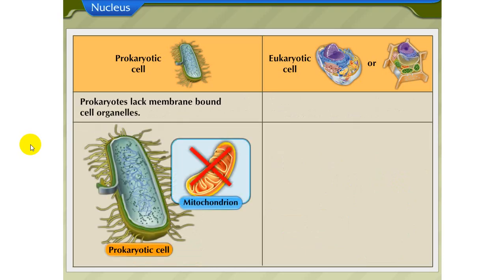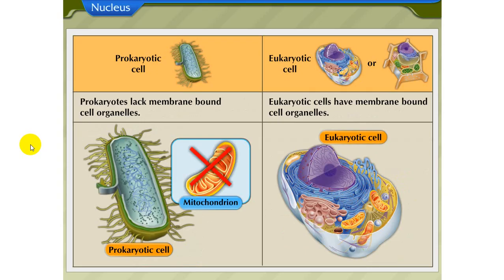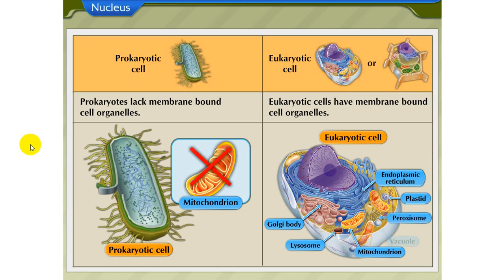Prokaryotes lack membrane-bound cell organelles, but eukaryotic cells have membrane-bound cell organelles like endoplasmic reticulum, Golgi body, mitochondria, plastids, lysosomes, peroxisomes, and vacuoles.